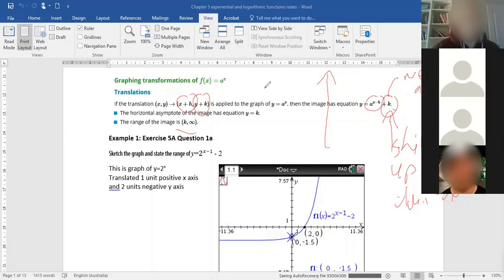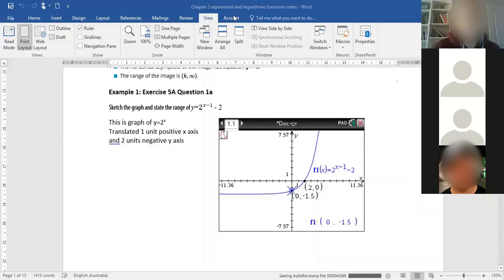Here's a graph of example 1. Any questions, please jump in. This is question 1a from your book. It says sketch the graph and state the range of y equals 2 to the power of x minus 1, minus 2. We know immediately that we have a translation of 2 units in the negative direction of the y-axis, and that is the asymptote as well.